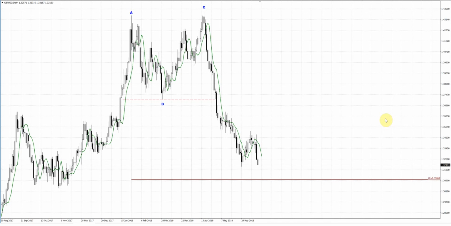So it's lots of really big problems around the United Kingdom. And another question is, of course, the fundamental situation in the economy. The statistics show that it's not really a good situation there, and all this stuff makes us think that the Great British Pound will continue dropping in a medium-term perspective.